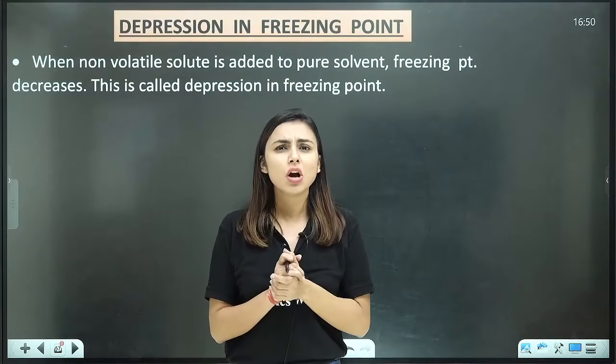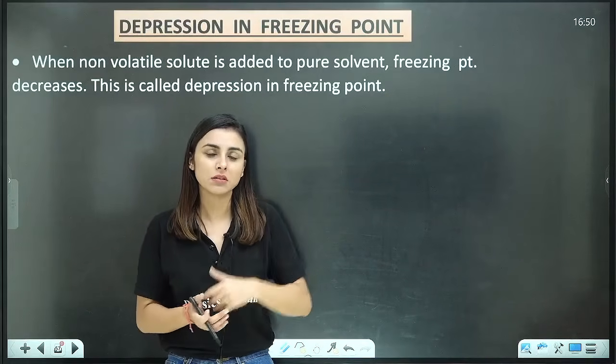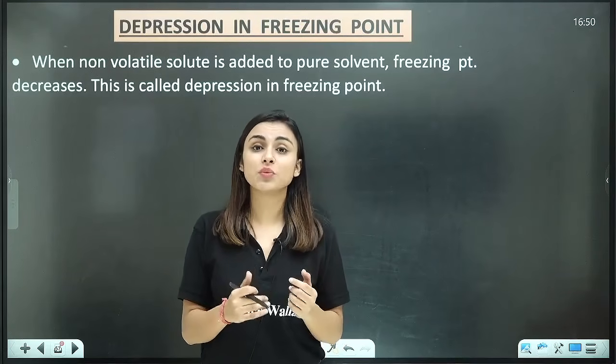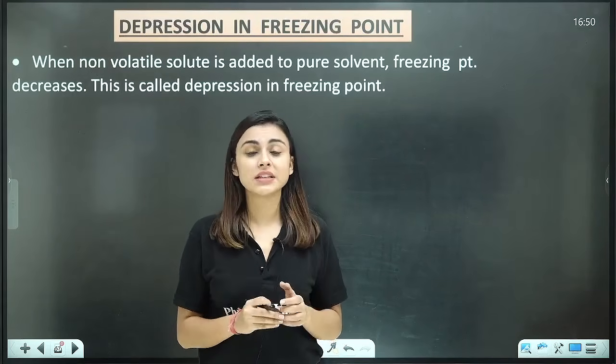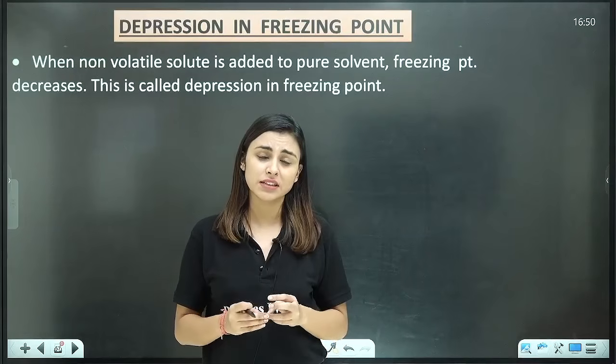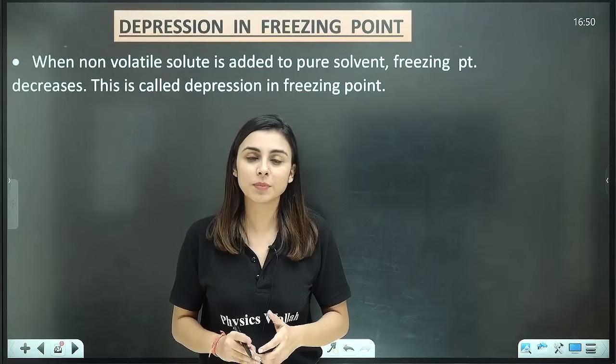So how are we going to melt that snow? We have to decrease its freezing point. How do we decrease its freezing point? How do we melt it easily?